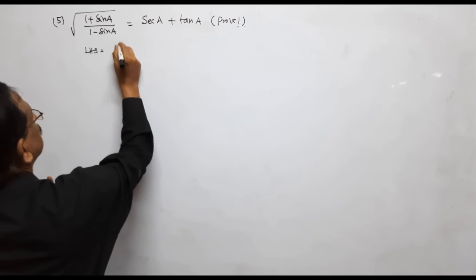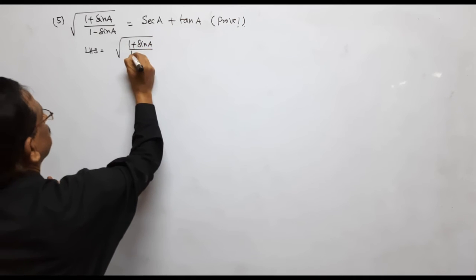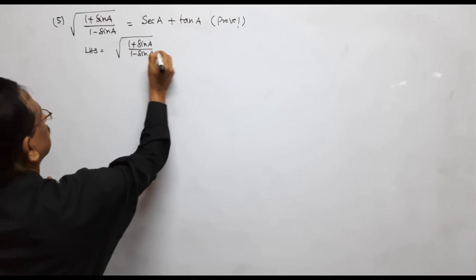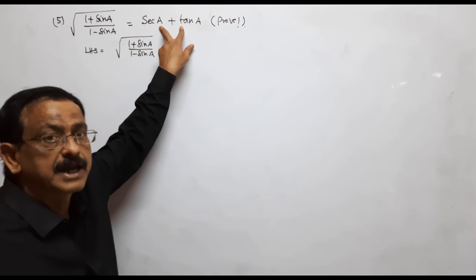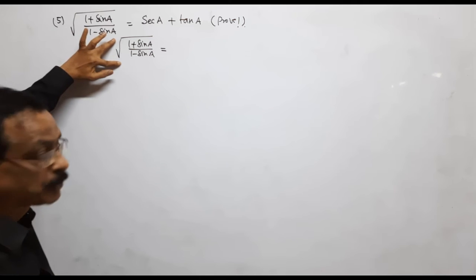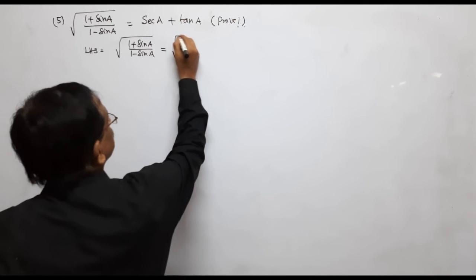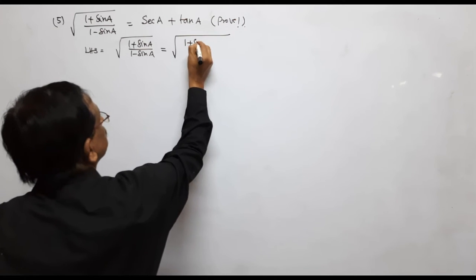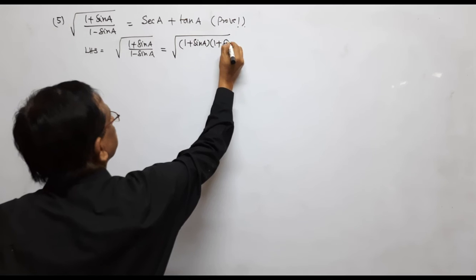This is equal to root of 1 plus sin A by 1 minus sin A. Now, to get secant A plus tan A, I have to simplify LHS by removing the root. So if I want to remove the square root, what I have to do is, I will multiply the numerator and denominator by 1 plus sin A.